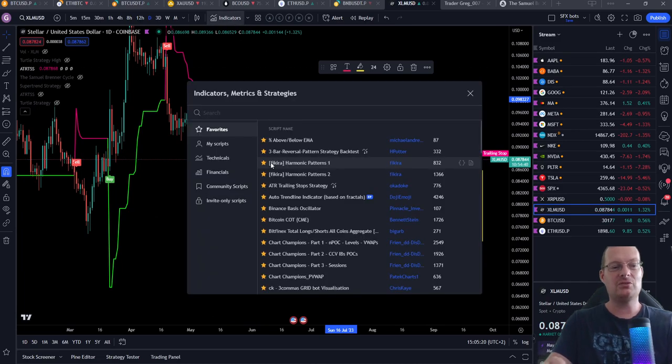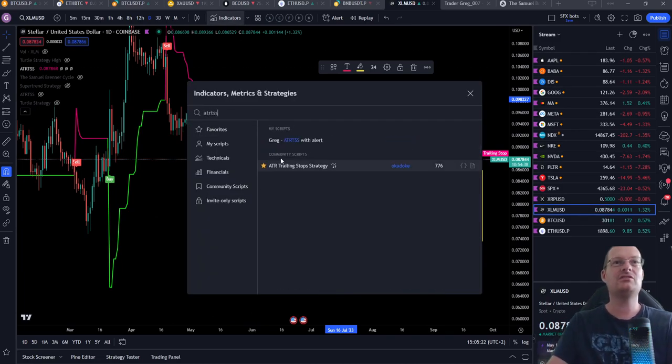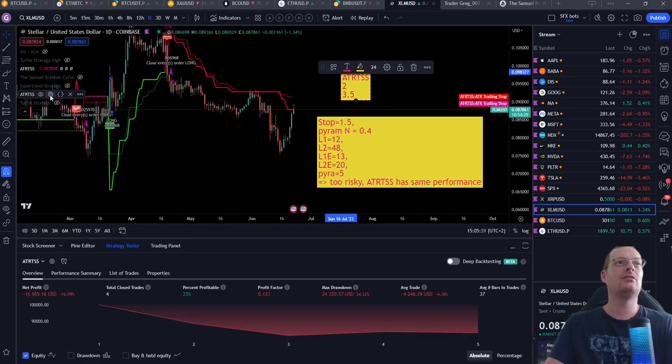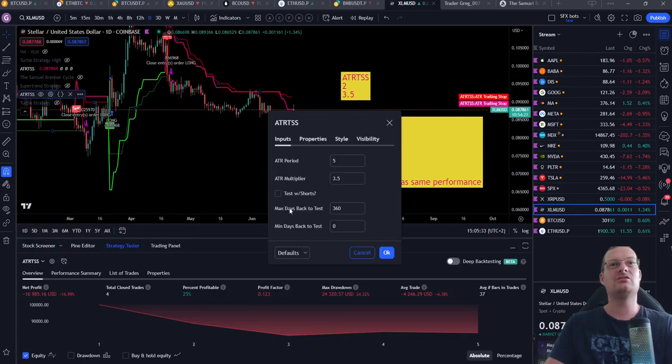So ATR trailing stop, this one is an ATR TSS. Here are community scripts, ATR trailing stop strategy by Okadoki. And then you get this one, where max days back to test is 360 by default.